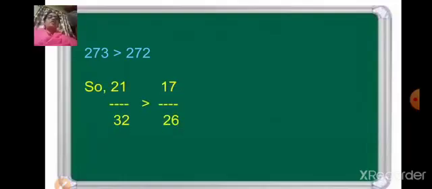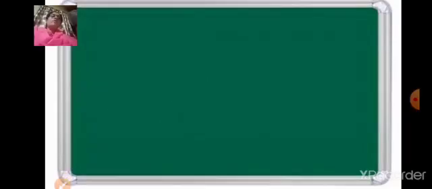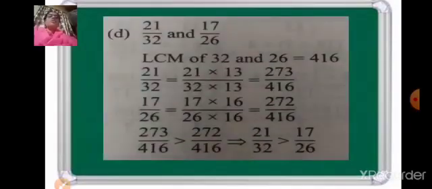That means your fraction 21 upon 32 is greater than 17 upon 26. Okay, so children, once you know how to take out the LCM, it is easy for you to compare the two unlike fractions. So just do the sum in your notebook and just check the answer from this slide, or you can copy it from this slide.